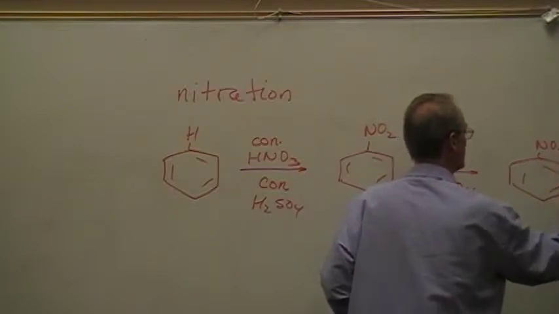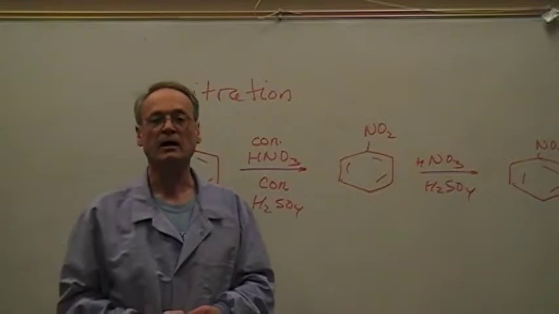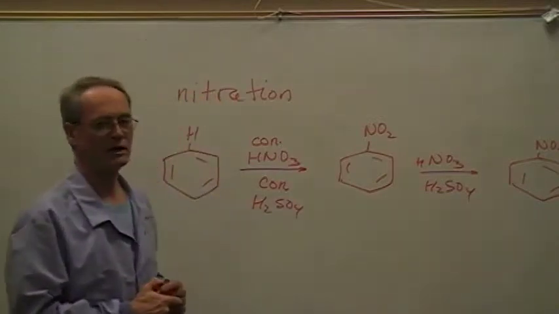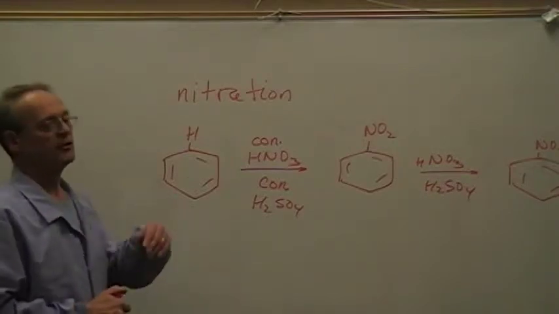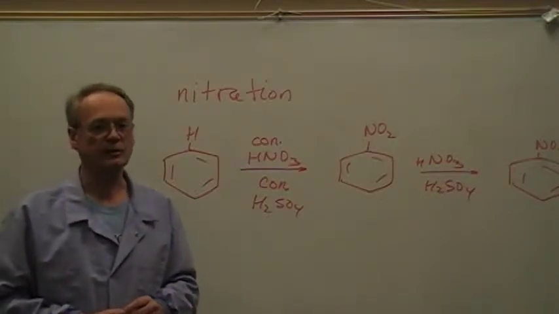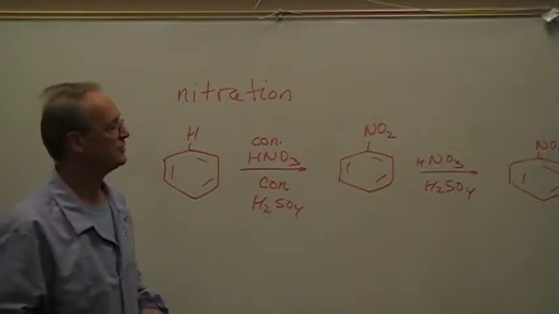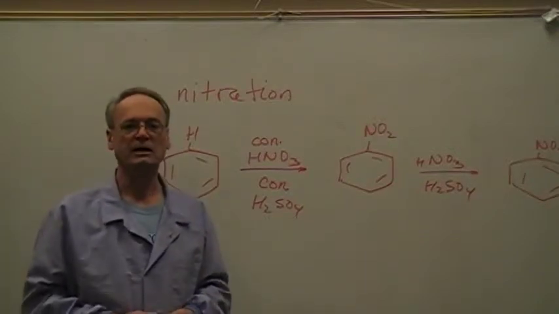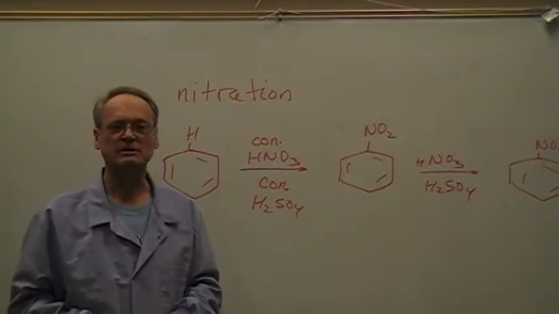And it turns out it's always going to go in the beta position, and we will learn why, again, in a future video. I know I keep putting you off, but that's the way it is in this chapter. Is it possible to add a third nitro group? Yes, but it's extremely difficult and probably not something you would want to do because it turns out that trinitrobenzene is very explosive, as is trinitrotoluene.